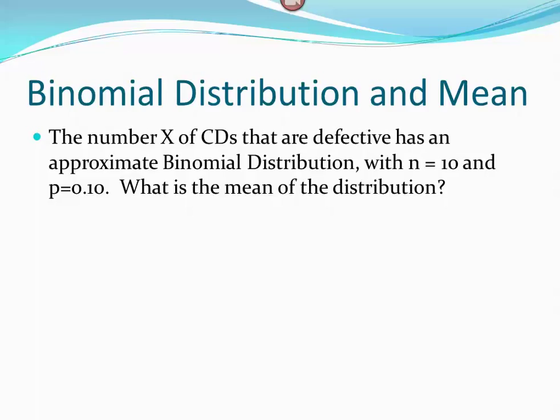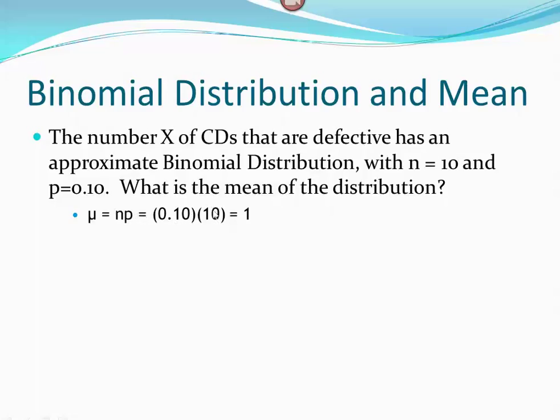All right, example number 2, the number x of CDs that are defective has an approximate binomial distribution with n equal to 10, so we have 10 trials, taking out 10 CDs, and a probability of 10%, meaning that there's a 10% probability that a CD is defective. What is the mean? Well, here we take our number of trials, which is the number of CDs, 10, multiplied by the probability of success, p, which is 10%.